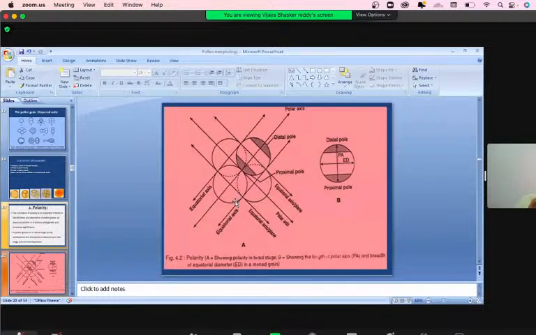If pollen apertures fall on the equator, they are called equatorial apertures.